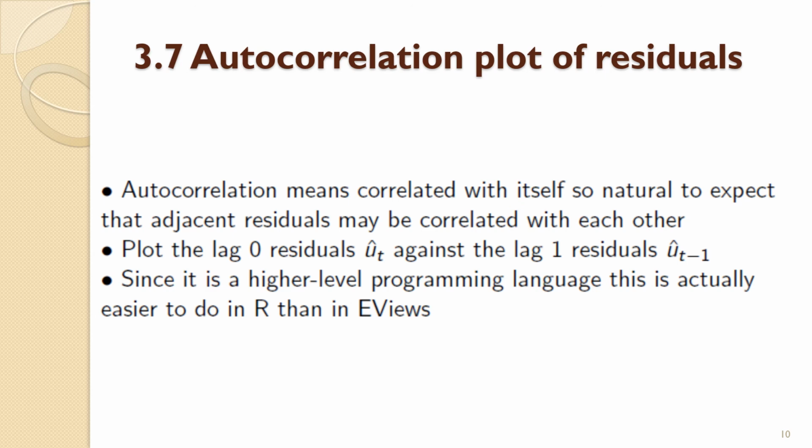So again, if we look back at this example with the inflation adjusted gold price and the inflation adjusted stock price, it's natural to expect, for instance, some correlation between the residual for year 2000 and the residual for year 2001. So how you bring this out graphically is if you plot the lag 0 residuals against the lag 1 residuals, you'd expect to find a positive correlation.